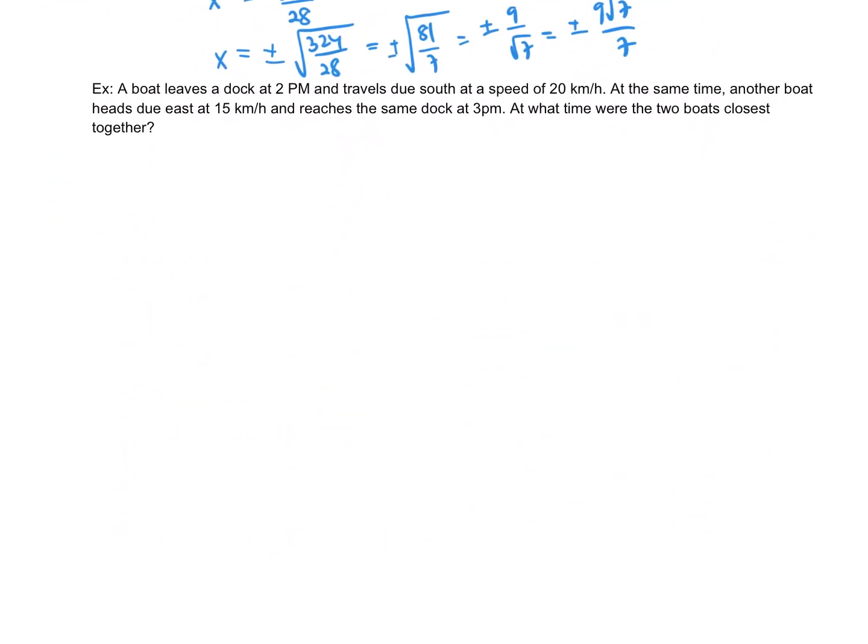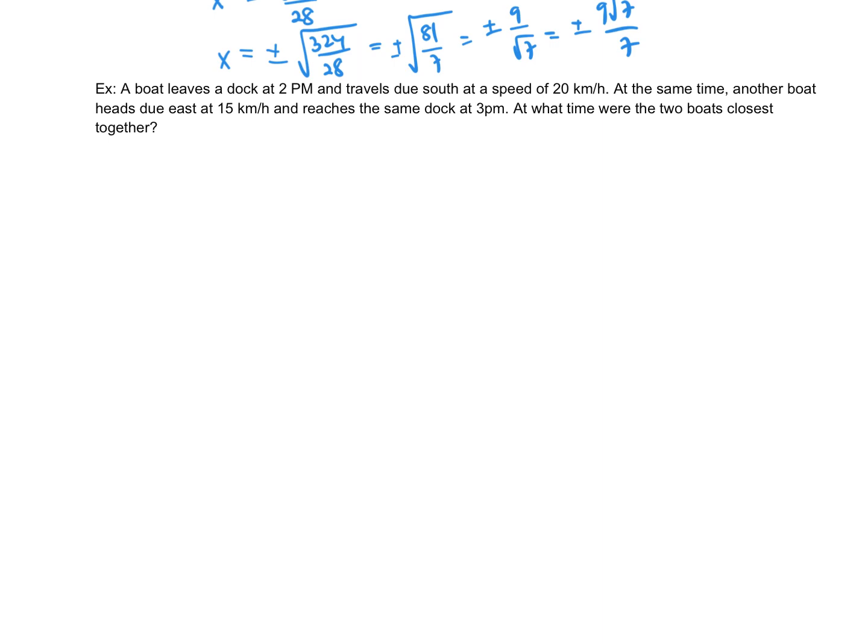All right, next example. A boat leaves a dock at 2 p.m. and travels due south at a speed of 20 kilometers per hour. Okay, so let's say the dock is here, and it's traveling in this direction, south, 20 kilometers per hour.